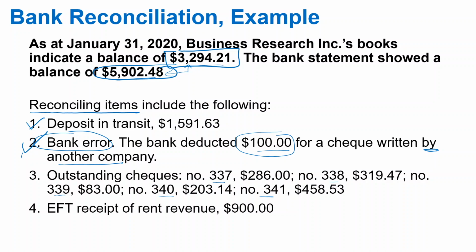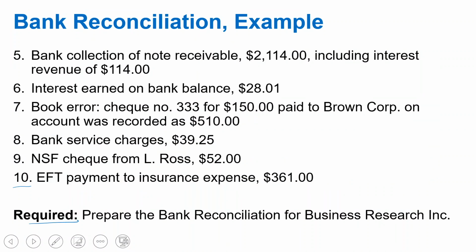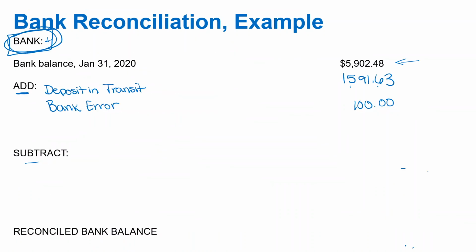But they're outstanding, meaning they actually haven't cleared the bank. So those suppliers or whoever we sent the check to, they haven't cashed those yet. So the amount has not come out of our bank account. But eventually it will. So it hasn't been recorded by the bank yet.